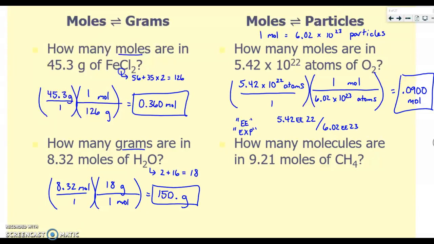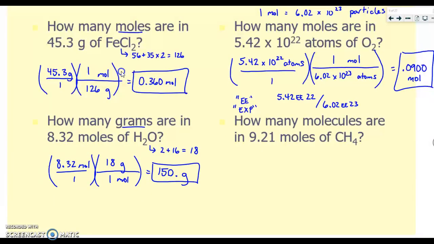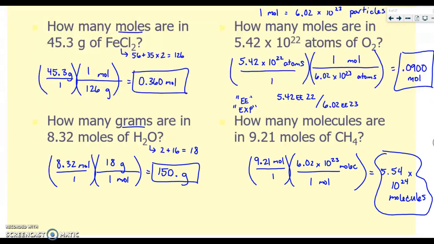We can also solve a backwards problem here. It says, how many molecules are in 9.21 moles of CH4? Let's have you try this, so please pause the video and attempt this problem. This time, because you were looking for molecules, you should have been multiplying.